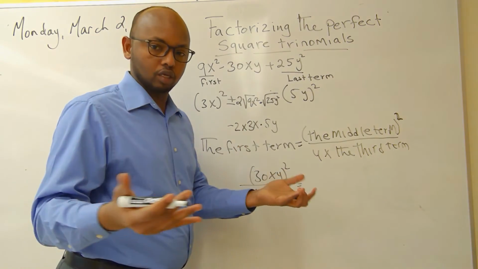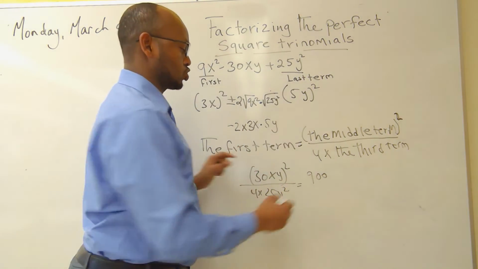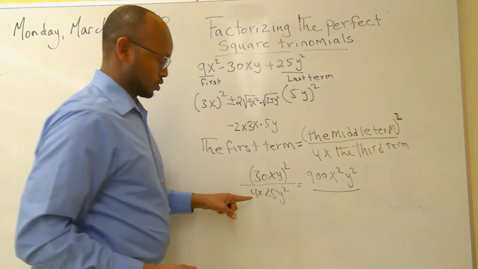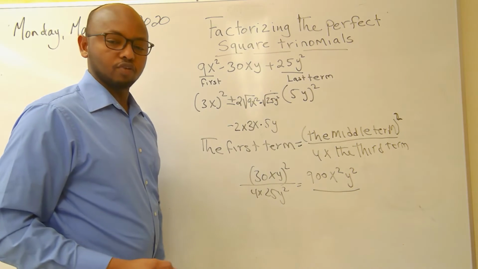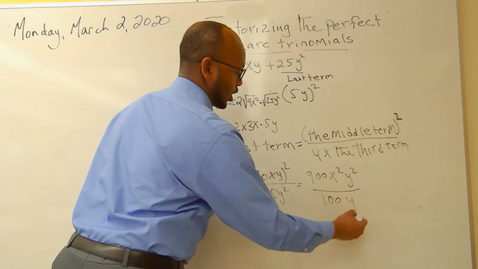30 squared is 30 times 30, 900. x squared stays x squared, y squared stays y squared, over 4 times 25, which is 100, and y squared.